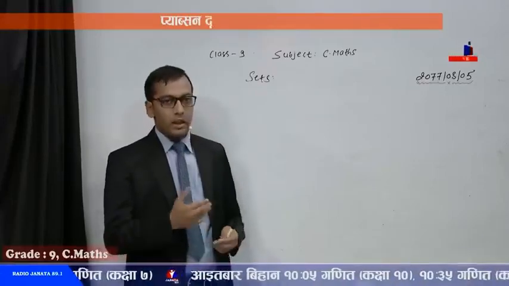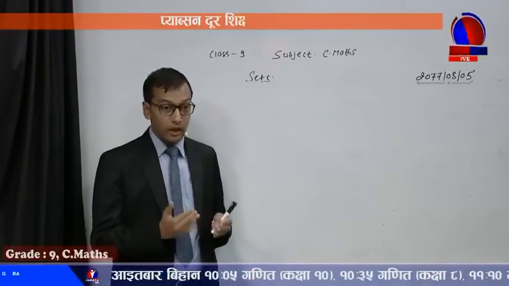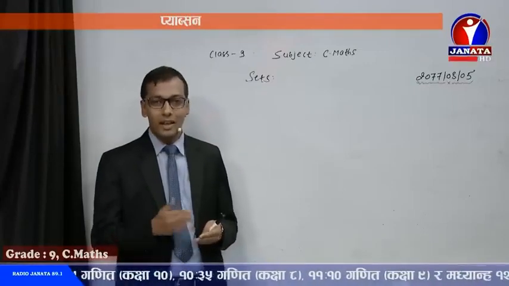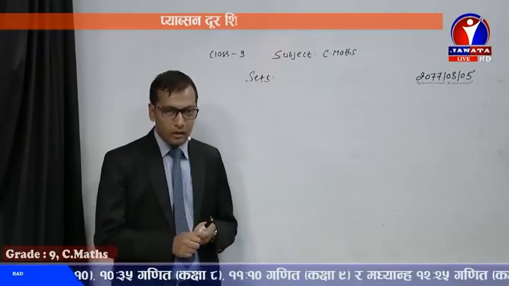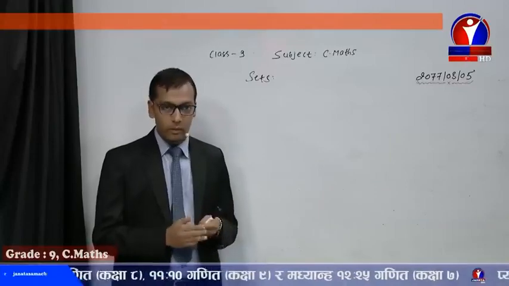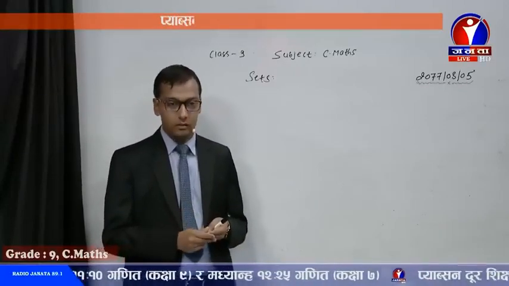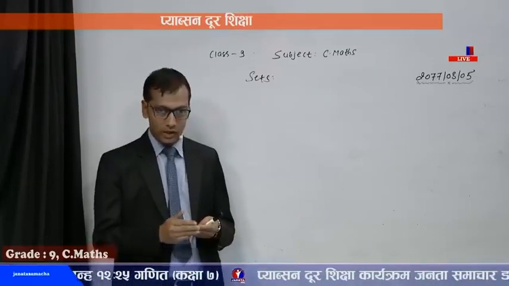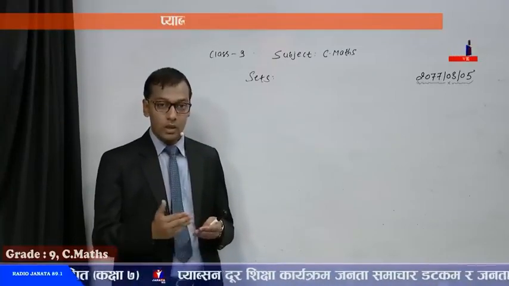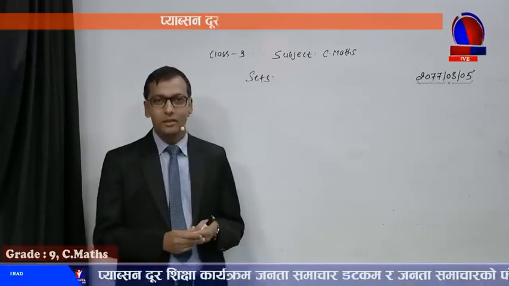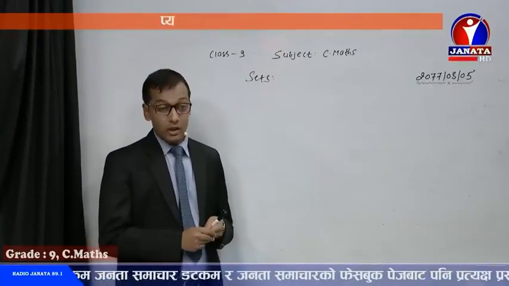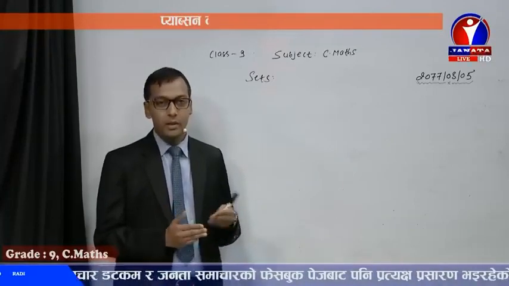In the very beginning of the class, I will be discussing the basic concept of set. Under that topic, I am going to talk about what is a set, what are set operations, what are different types of sets, and what is the cardinality of a set.